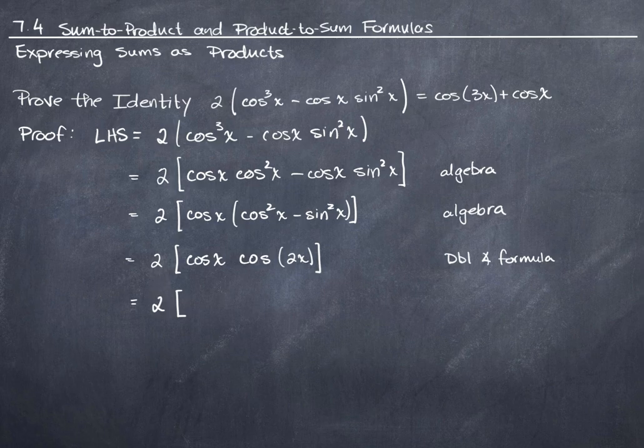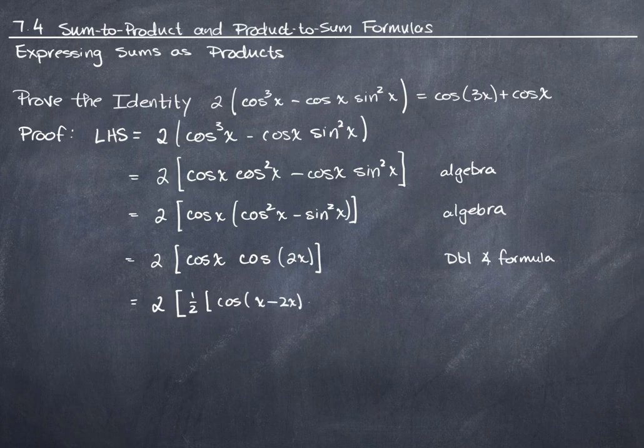Now I'm going to rewrite the cosine of an angle times the cosine of a different angle using the product to sum formula for the cosine of two angles, and that's 1/2 times the cosine of alpha minus beta. So the first angle minus the second angle, that's x minus 2x.